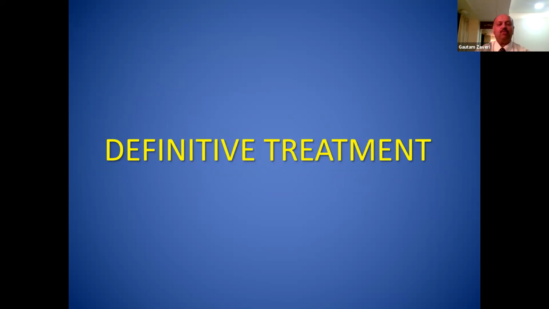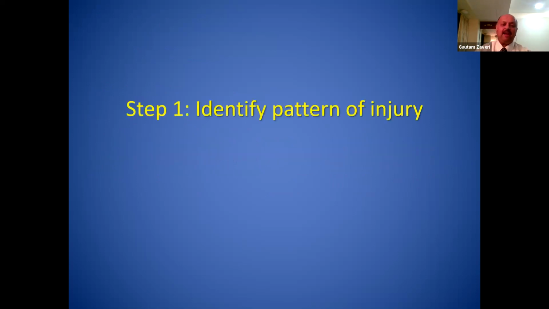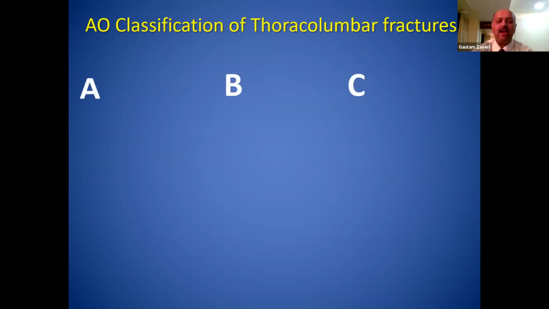And now we come to decision making about the definitive treatment of the patient. The first thing when we think about definitive treatment, and that is step one, is to identify the pattern of injury by identifying the primary injuring force. And here, the AO group has come up with a fantastic classification.